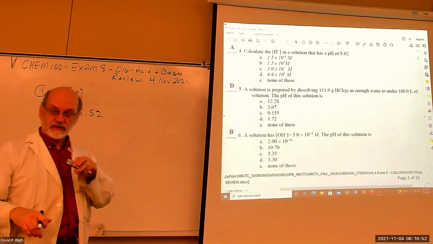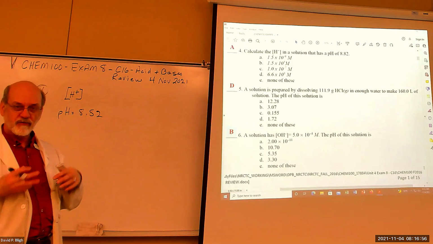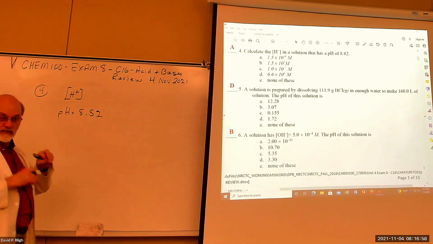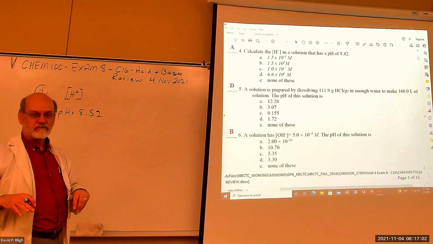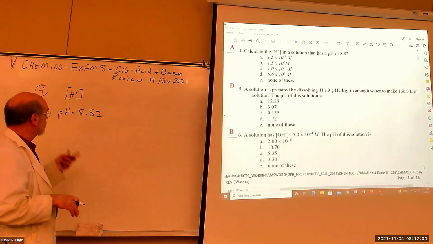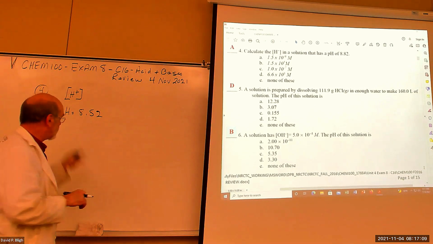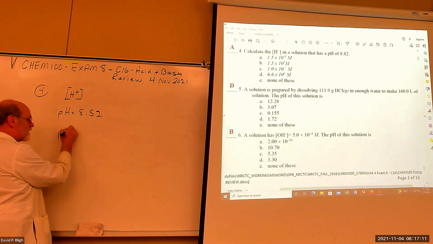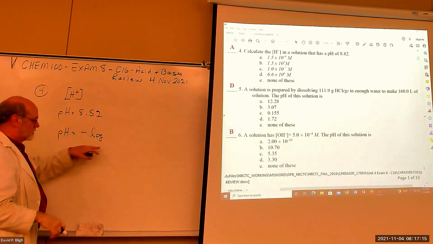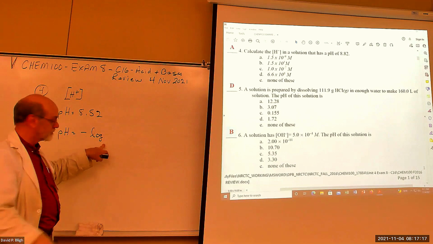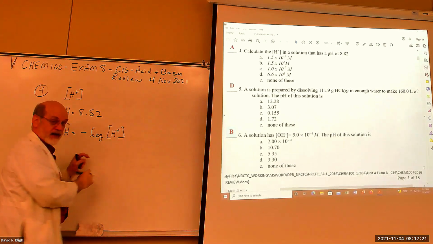What's the hydrogen ion concentration? Well, in the lecture, I described the mathematical derivation of pH. And it's really simple. I mean, it's just pure math. The only chemistry involved is what's that concentration of hydrogen ions. The pH, by definition, is minus the common log, base 10, of the hydrogen ion concentration at equilibrium.